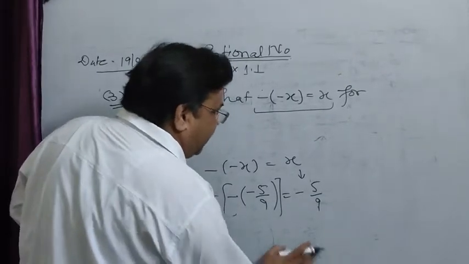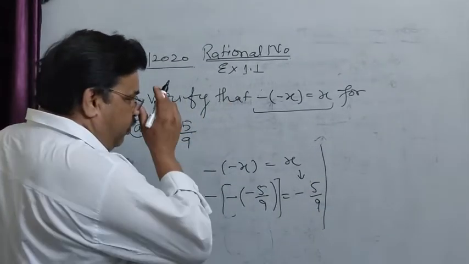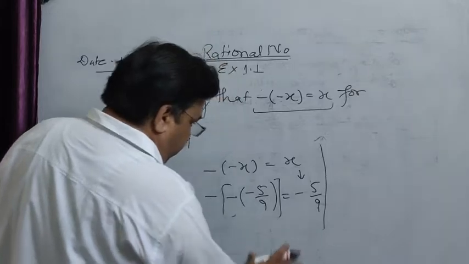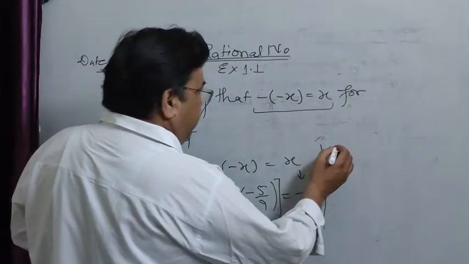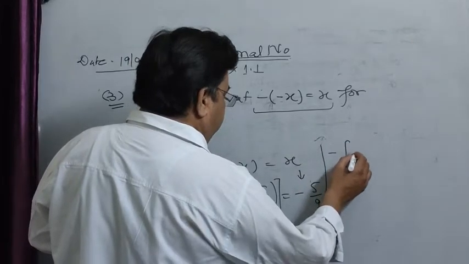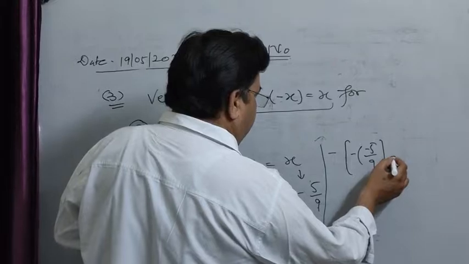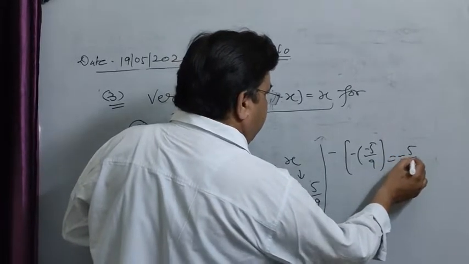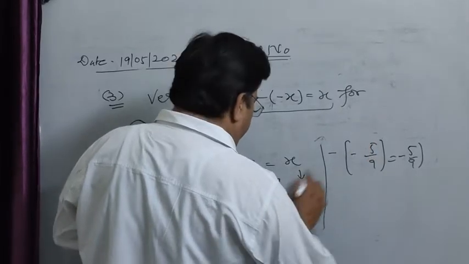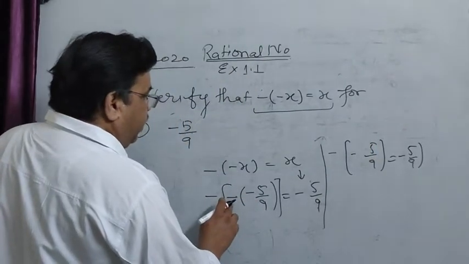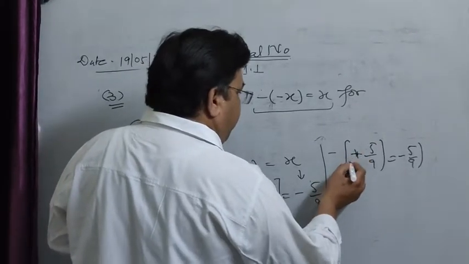Okay, students, I am solving this next line on this side. Open the inner bracket, minus and minus. You can open the inner bracket, and minus into minus becomes plus, means positive.